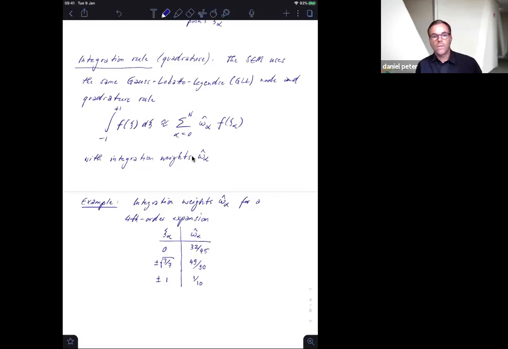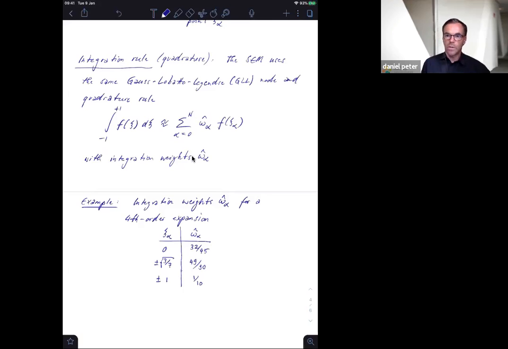So these weights have been optimized such that they approximate the integral value as closely as possible using the nodal positions that we have from the GLL element.